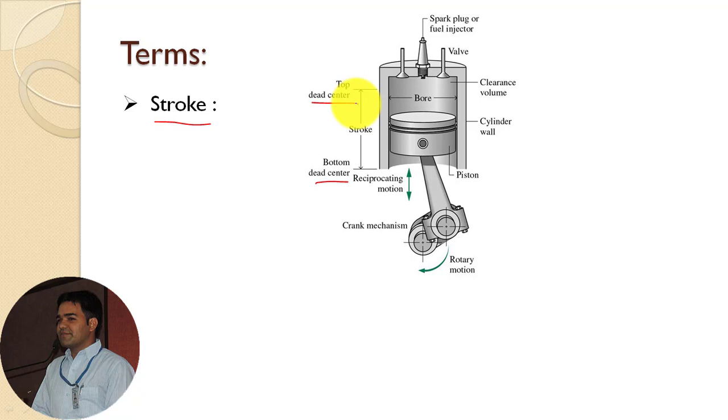In another way, you can also say the stroke is the linear displacement of a piston inside the cylinder between the top dead center and the bottom dead center. As I said in my previous video of the four-stroke petrol engine, stroke is always indicated by capital L, and it is nothing but the simple linear displacement. So stroke can be measured in meter, centimeter or mm.